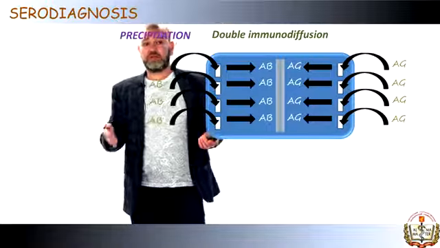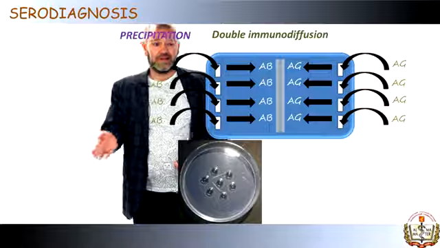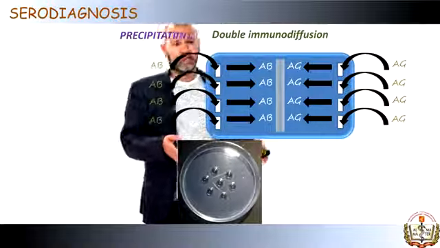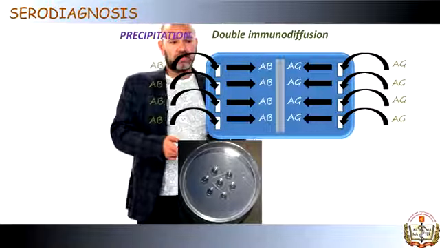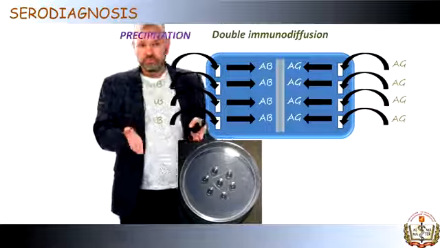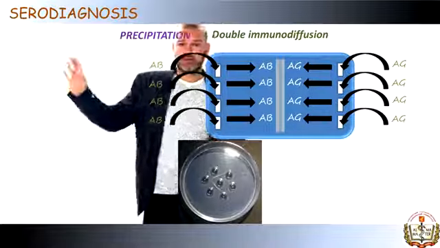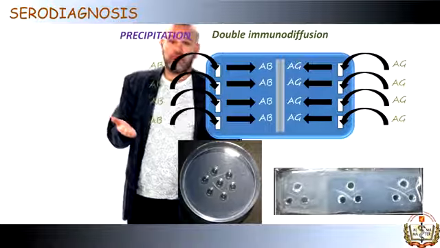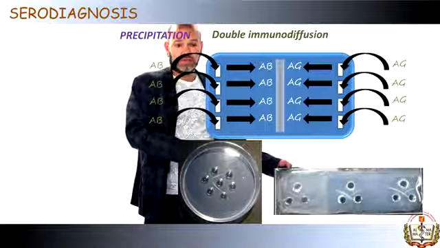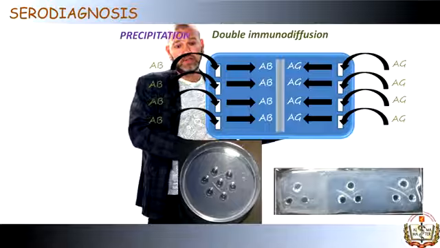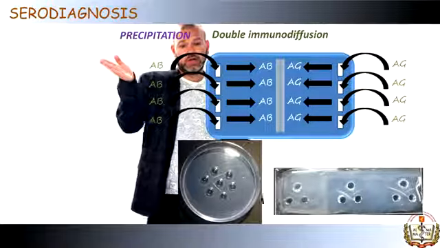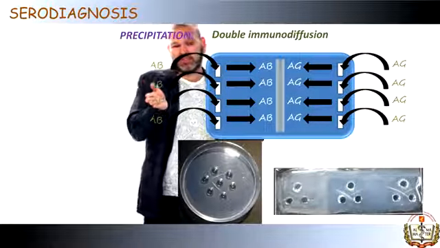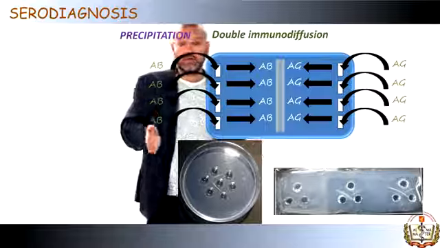If they're not matching, you will have nothing. A few examples of ready results: you see that V-like strip, positive. Otherwise, no zones, negative. The same you can perform on a slide, for example. In one well you add antibody, in the other antigen. You may have a weak positive, poorly seen, or a good positive.